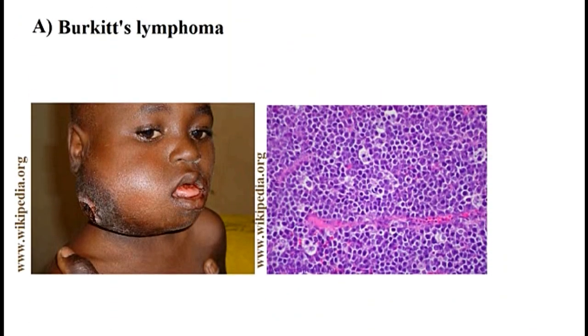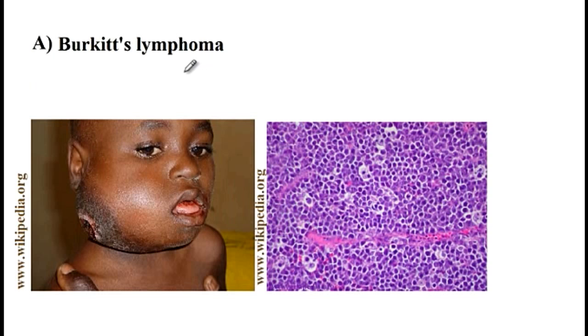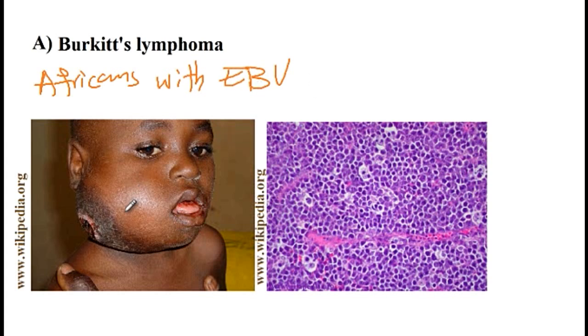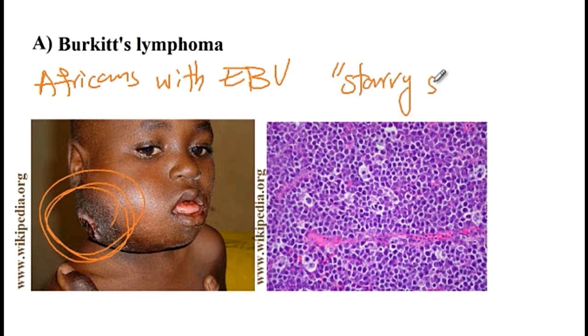So let's go through these. So the first condition is Burkitt's lymphoma, which is a B cell lymphoma that is more commonly seen in Africans with Epstein-Barr virus infection, and it commonly affects the jaw and the facial bones. And on the histology, you will see appearance of a starry sky.